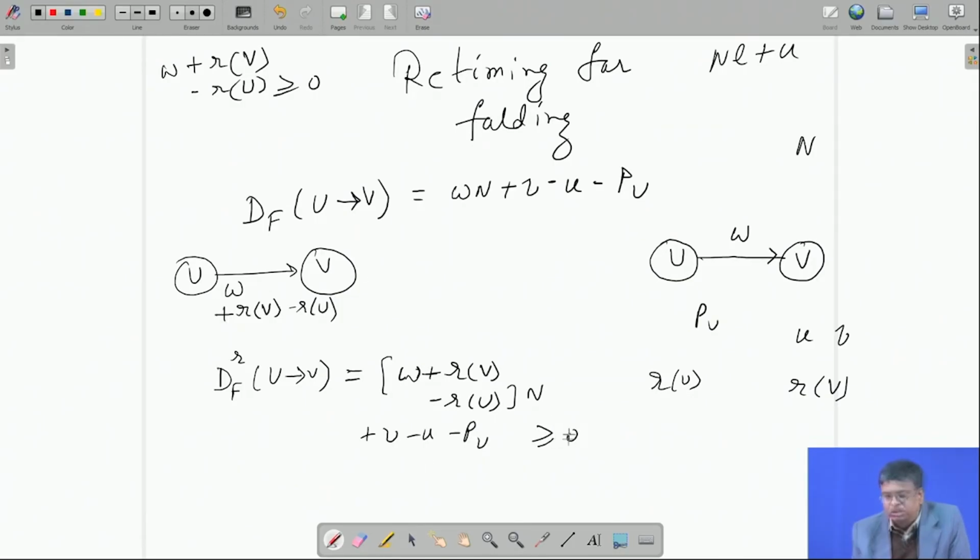This I can ensure by choosing R v, R u, these are my handles. I can choose them. So, even if my schedules give rise to a negative value here, now they will not. How?